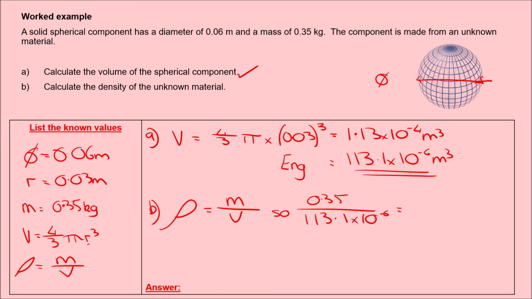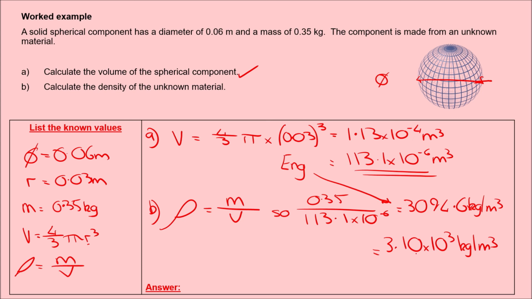So I'm going to get a density of 3094.6-ish, kilogram meters cubed. Hit my ENG button, and then we'll do 3.10 times 10 to the 3 kilogram meters cubed. Okay, and obviously I can get my relative density from that, divide that by 1000, that'll give me 3.1.